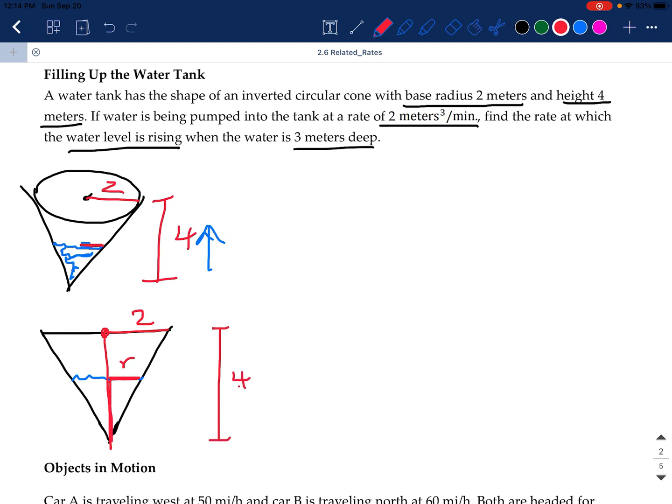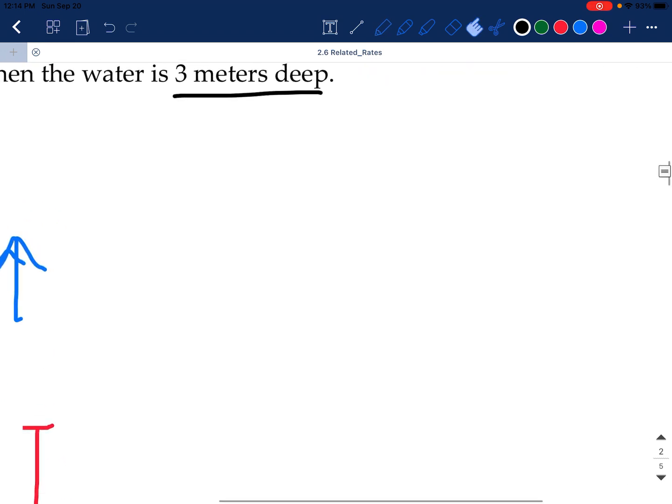But at the specific location that we're at where the water has filled, it's just h. So what we need to look at here is, is there a relationship between our radius and our height? So we know the volume's rate of change, so we can use our volume equation. That's going to be our equation for our related rates here.